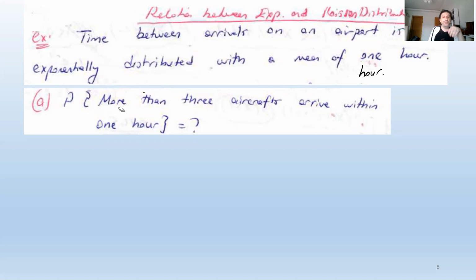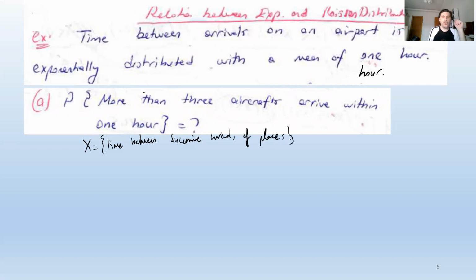First of all, before even understanding what the question is, I define my random variable X. Since this is about time between arrivals, I'm going to concentrate on the exponential distribution. So I define X as the time between successive arrivals of planes.